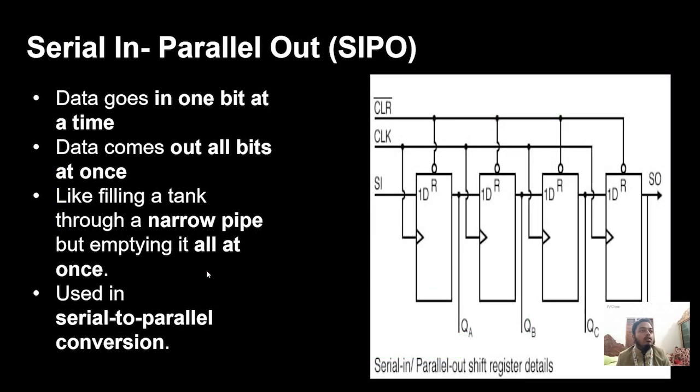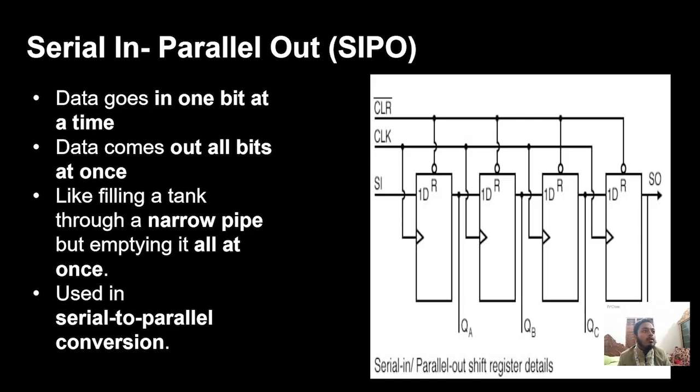Thank you. Assalamu alaikum. I am MD Tanbir Rashid Tasin, ID 241-15689. Now, let's talk about the SIPO register, which stands for Serial In Parallel Out. In this type of register, data enters 1 bit at a time through a single serial input.